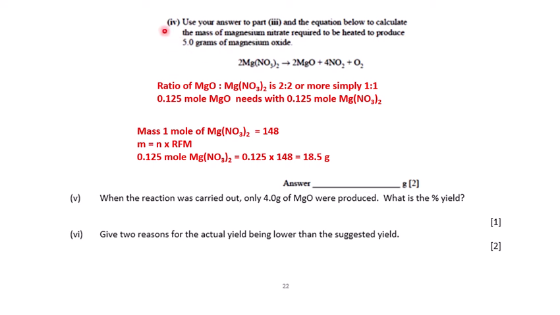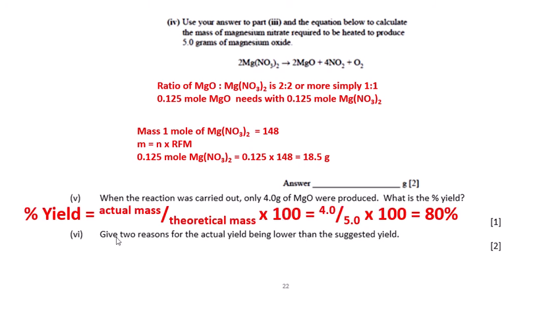So there's the theoretical yield, there's what we really thought we were going to get. So we hoped, or theoretically, we're going to get 5 grams, but we only got 4 grams. So therefore the percentage yield is going to be the actual mass, 4 grams, divided by theoretical, 5 grams, times 100, which is 80%.